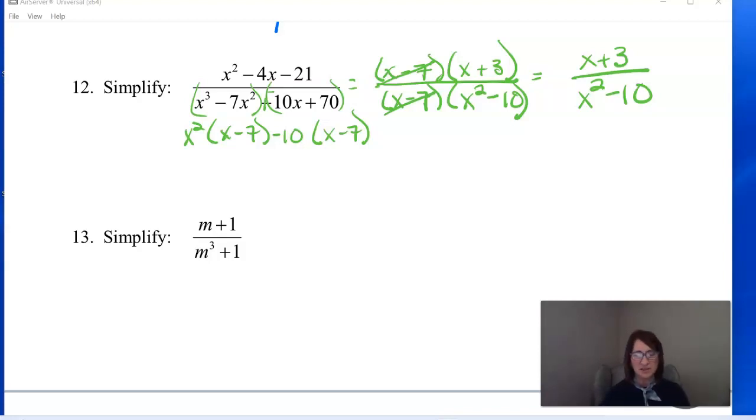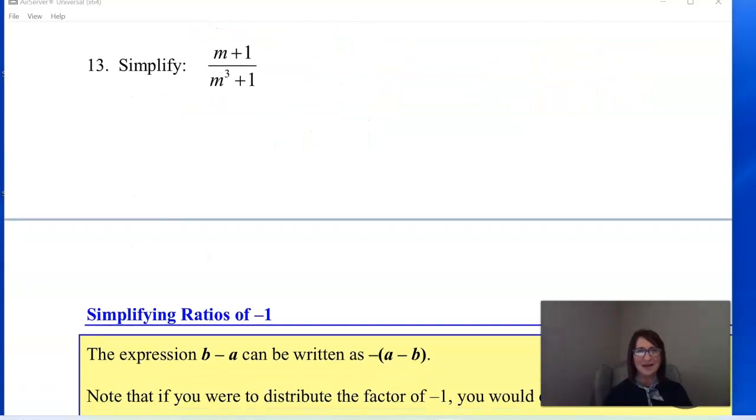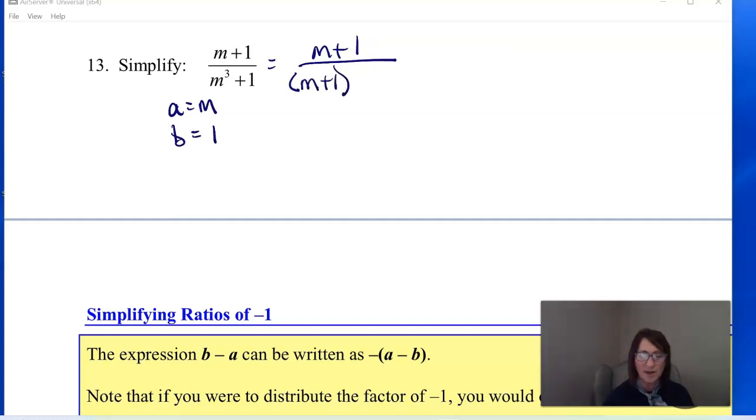All right, let's look at 13. 13 is a good one. I love 13. So in the numerator, we've got this m plus 1. In the denominator, we have the sum of two cubes. Our a is m, our b is 1. So that's going to be m plus 1 times m squared minus 1 times m, which is m, plus 1 squared, which is 1.